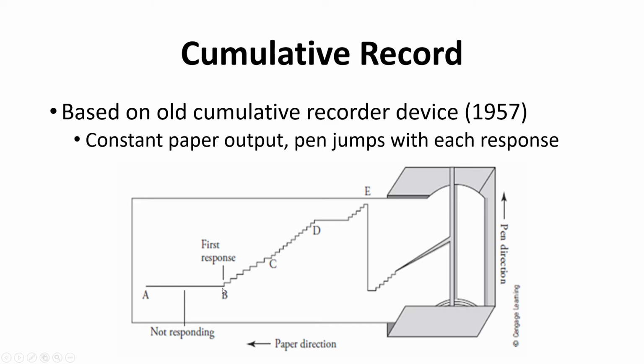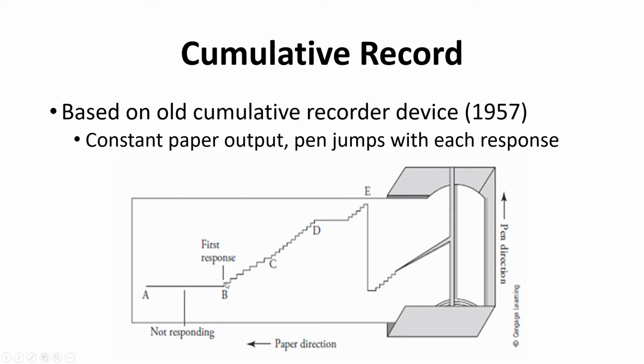Maybe the rat's just hanging out in the box doing nothing. But after this amount of time has passed, they make their first response. So we see a hop upward. That vertical jump would come from the pen moving up because the lever was pressed once. Then more time passes, and then the rat presses the lever again. So a second jump, and then a third jump, and a fourth jump.